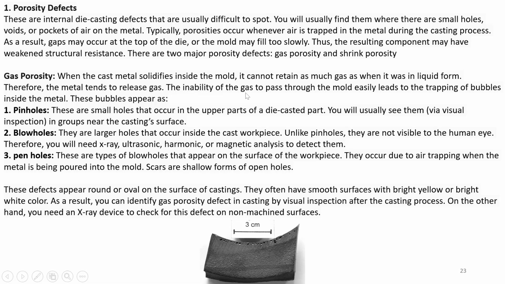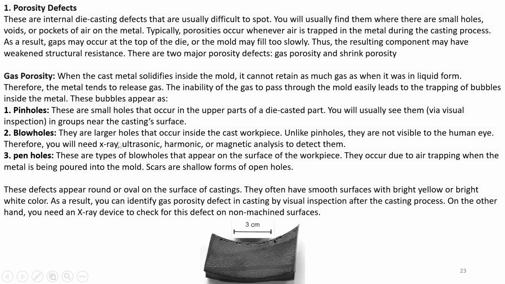The inability of the gas to pass through the mold easily leads to the trapping of bubbles inside the metal, and these bubbles appear as pinholes, blowholes and penholes. Pinholes are small holes that occur in the upper part of the die casted part, and you will usually see them by visual inspection in groups near the casting surface.